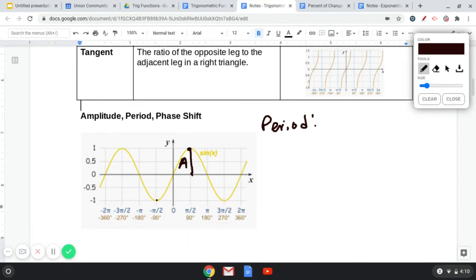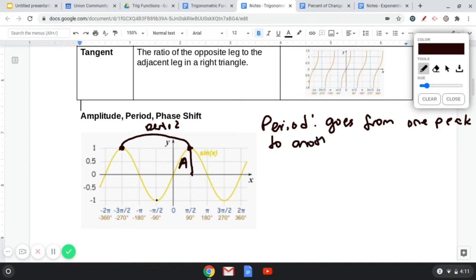So the period is how long this graph takes to repeat, or otherwise, you can think of this as how many x values it takes to get from one peak to the other. So the period goes from one peak or valley to the next one.